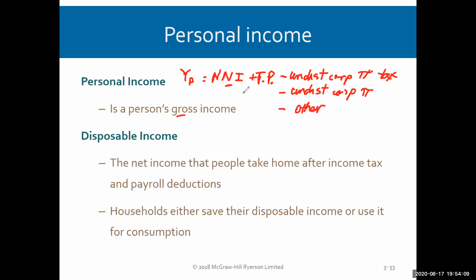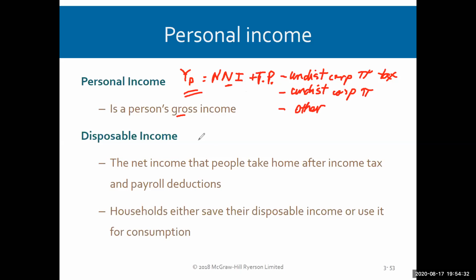So you take those numbers, net national income, you add transfer payments, you subtract undistributed corporate profit tax, and you subtract undistributed corporate profit, simply because those aren't given out to people in the form of income, and you arrive at personal gross income.